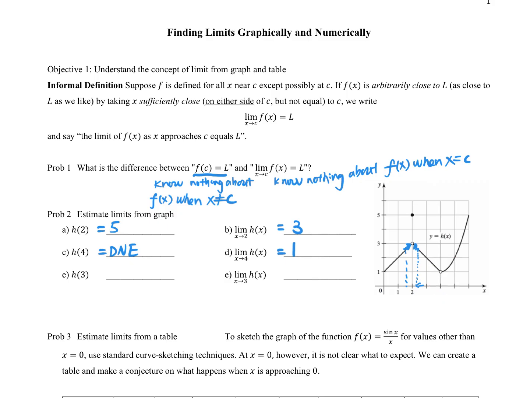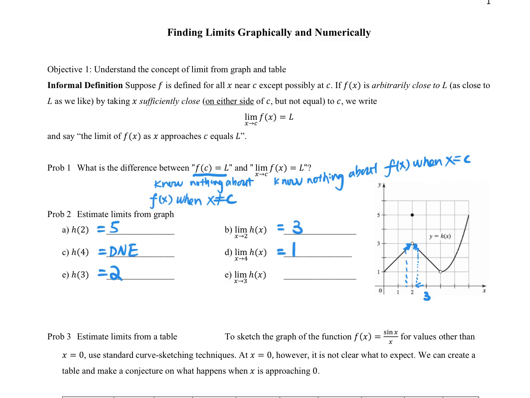Now let's take a look at the next one, h of 3. So 1, 2, 3, 3 is right there. This is 3. H of 3 is equal to, well, there's no open circle, so it's just right there, which is equal to 2. And the limit as x approaches 3 of h of x, what is that equal to?